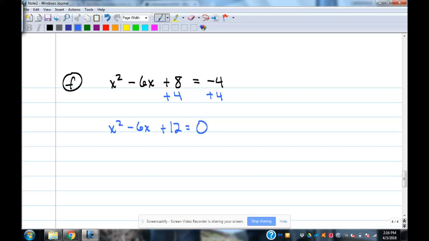So there we have the right order. It's equal to the right thing. What's A? B? C? Let's get the discriminant. So negative 6 squared minus 4 times 1 times 12.